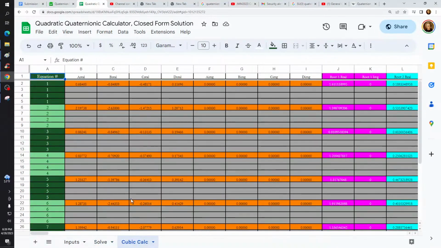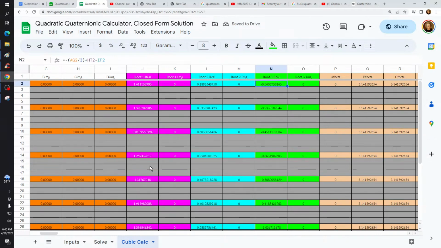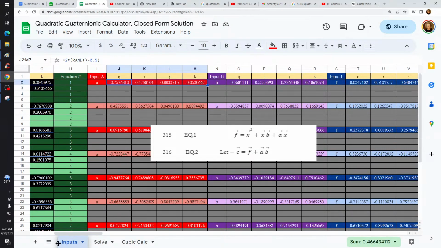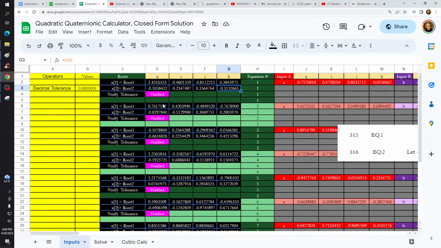And here's a cubic equation calculator that you can use in your own time that just does cubic equations in general. You put the a, b, c, d, and then the imaginary a, b, c, d coefficients, and out pop your 3 roots here. Anyway, your roots for x1, x2 will pop out right here.